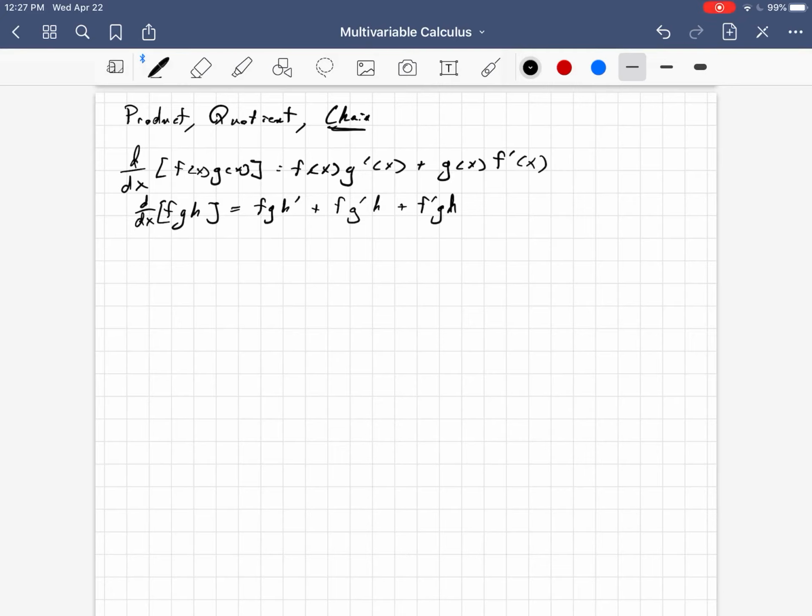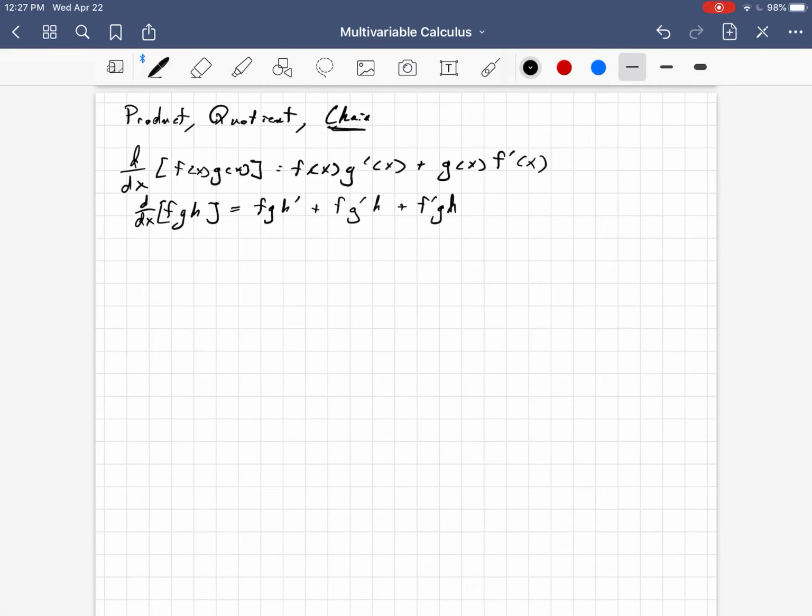So basically, the product rule is summing up as many, it's got n sums if you've got n functions that are all being multiplied together, and you just take the derivative of each one separately within the sum.